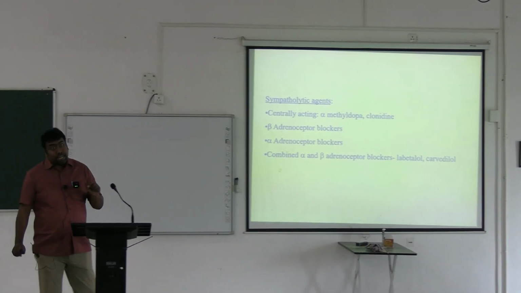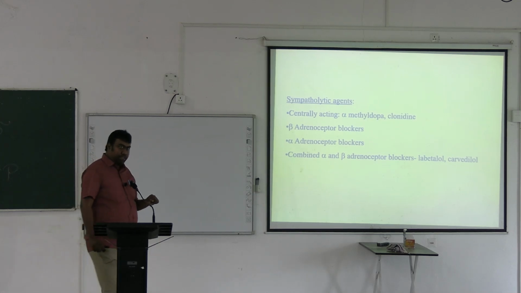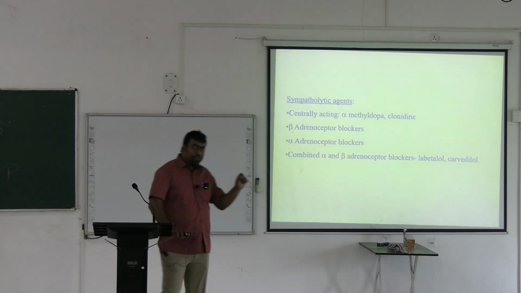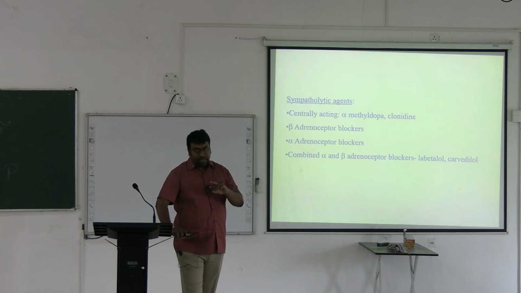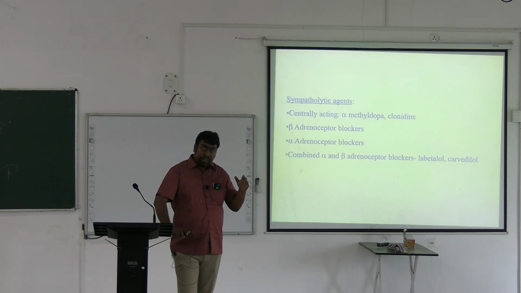Prazosin is an alpha blocker and it is also used as an antihypertensive. Clear? So these are sympatholytic antihypertensive drugs. Among these, some alpha 2 agonists also come under the sympatholytic group.